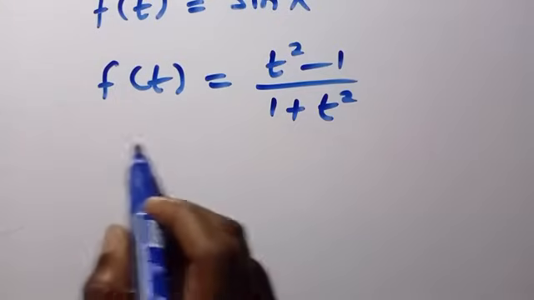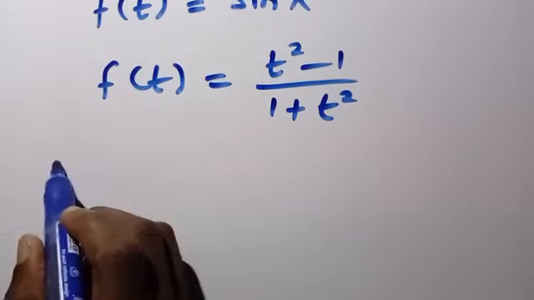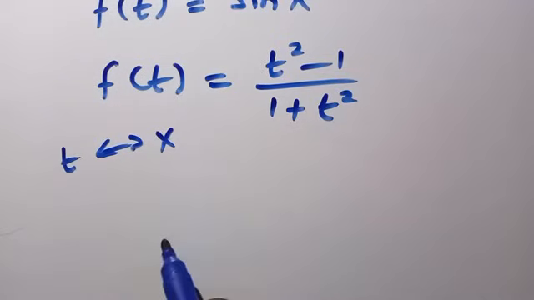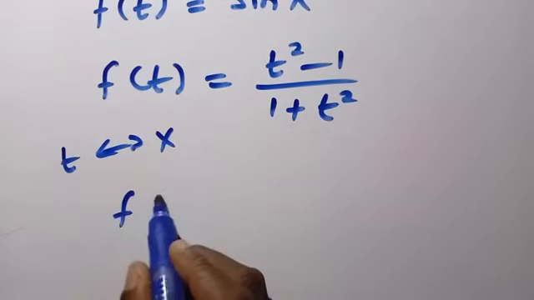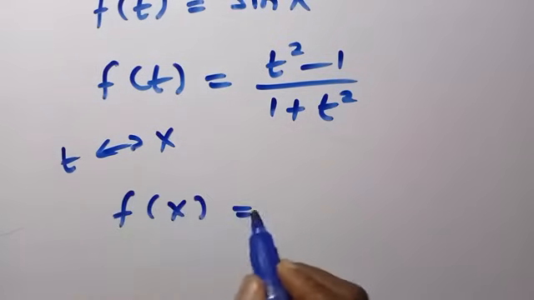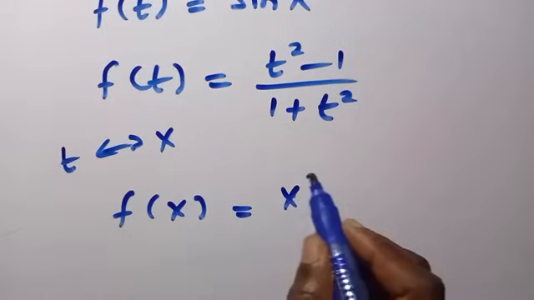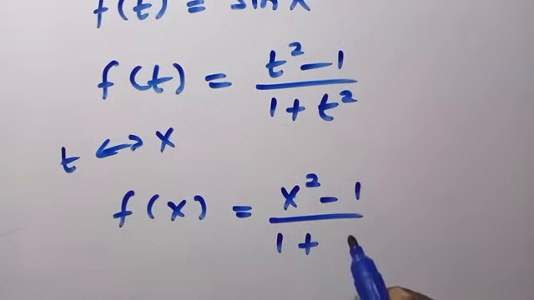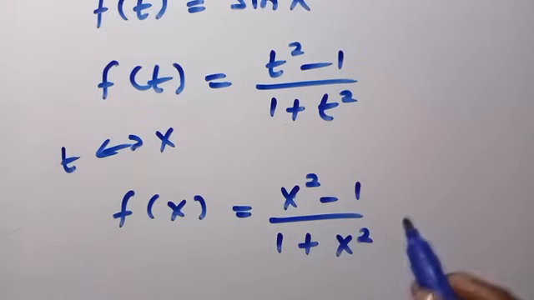Since we need to get f of x, just replace t with x. And therefore we have f of x equals x squared minus 1 divided by 1 plus x squared. This is the result of the function.